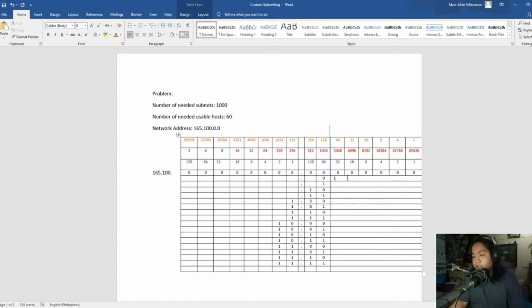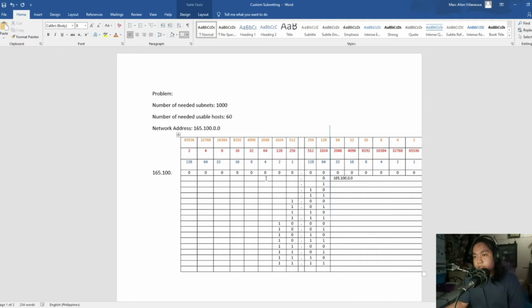Since we have nothing, we need to write 165.100.0.0, since we have no ones to convert into decimal.